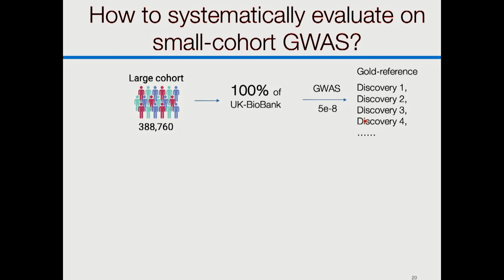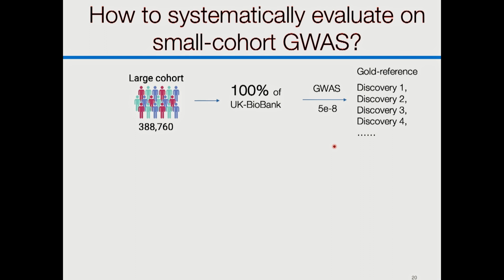So in our case, we were really interested in finding a framework to rigorously evaluate whether, in a small cohort, we can identify more hits, more discoveries. So we leverage the UK Biobank, which is a big data set consisting of around 500K patients with raw genetics data and also lots of phenotypes.